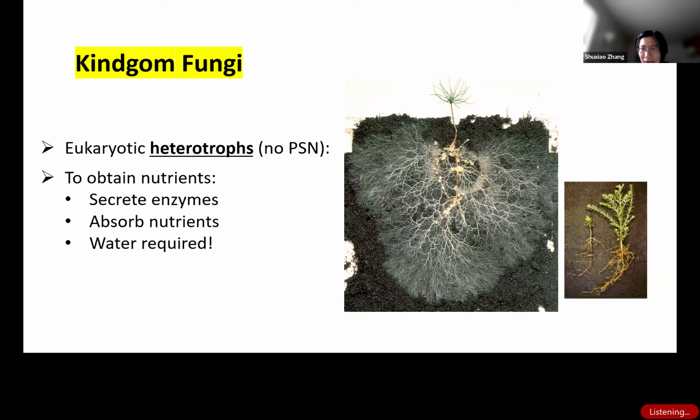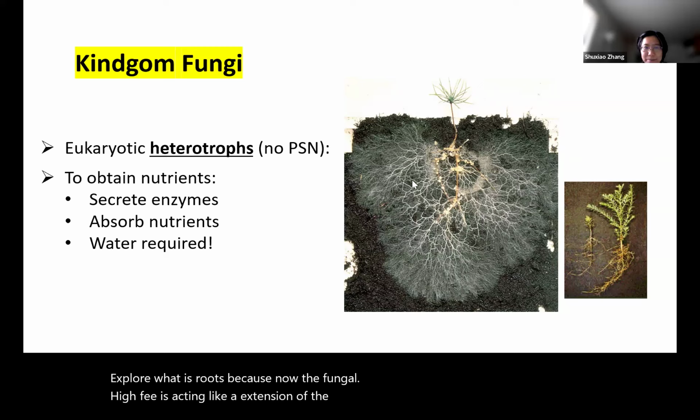I think this one is a pine. And remember, one of the key importances of mycorrhiza, the structure of the symbiotic relationship between fungi and plants, is that it can extensively expand the area the plant can explore with its roots, because the fungal hyphae act like an extension of the root, which can then cover a lot more area.